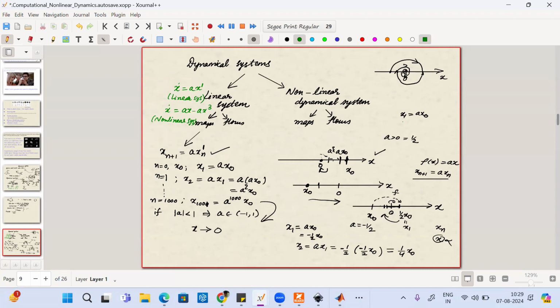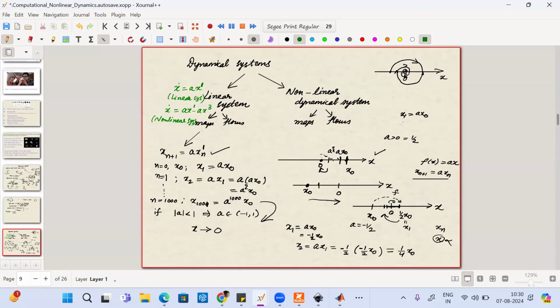Linear in the sense it depends on x to the power of 1. In the second case, x dot is ax minus ax cube. Here you can see the linear term is there, but it is dominated by the cube term, therefore it is nonlinear. Got this? So there are linear and nonlinear dynamical systems. These are differential equations, hence they are known as flows.